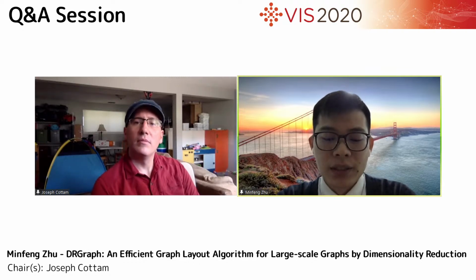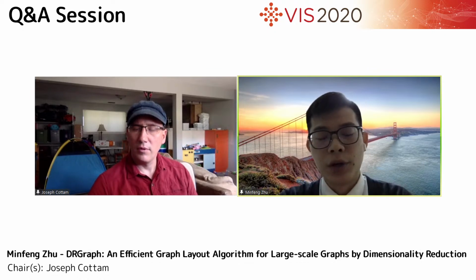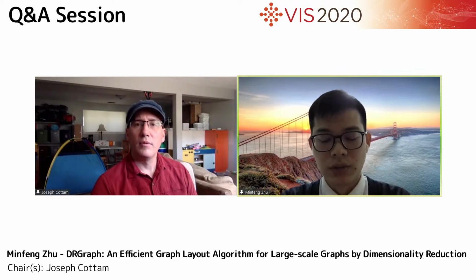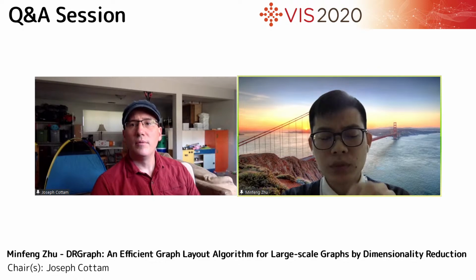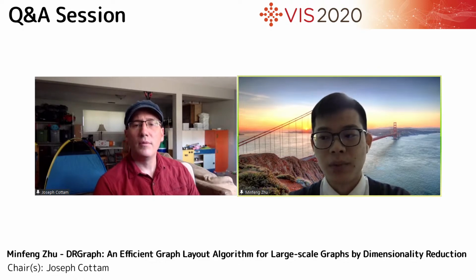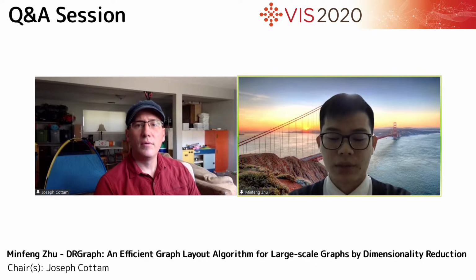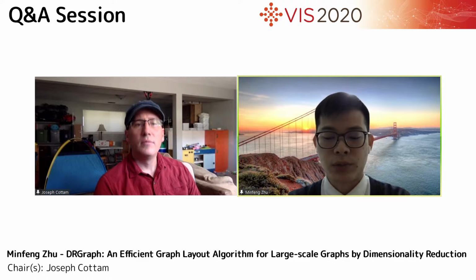And the graph clustering process will keep the backbone of the graph, which keeps some important features of the graph, such as the overview and the backbone of the graph, which will accelerate our graph layout process greatly.